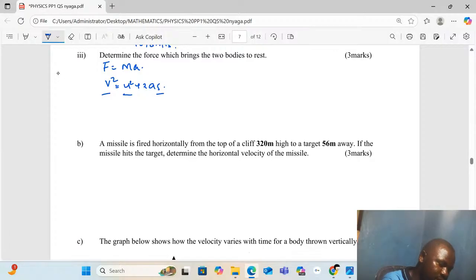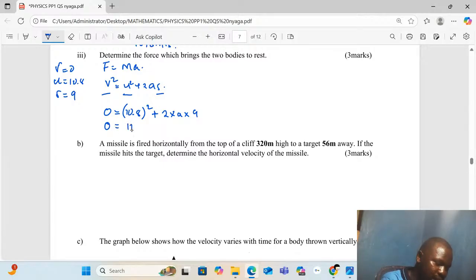So you can just analyze. V will be 0. Our U here will be 10.8. Our S will be 9 meters. So you can say 0 is equivalent to 10.8 squared plus 2 times A times 9. So this becomes 0 is equal to 116.64 plus this is 18A.